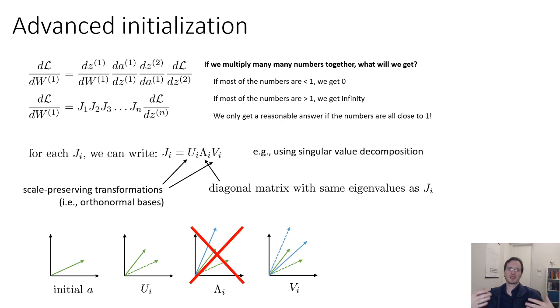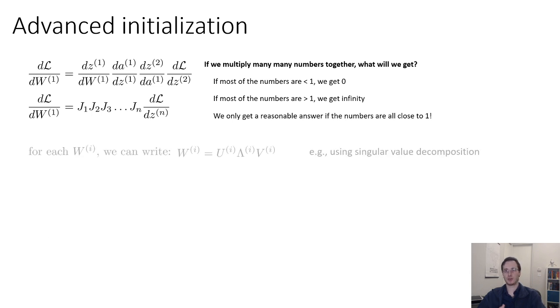Now, of course, we don't set the Jacobians directly. What we choose when we initialize the weights is the weight matrices. But remember that the Jacobian for a linear layer is just the transpose of its weight matrix.